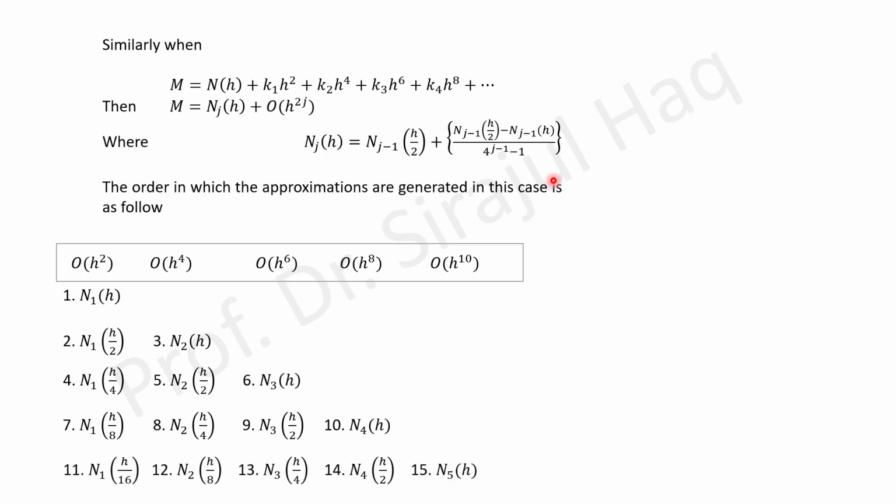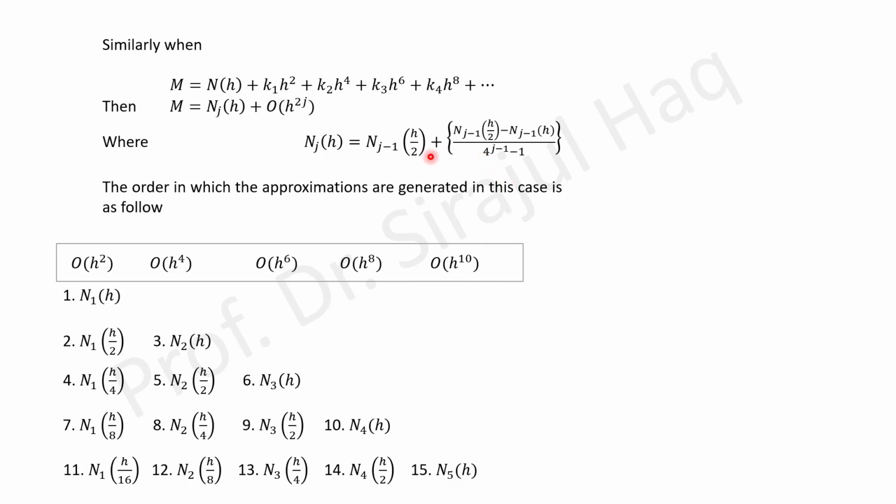So I'm not discussing this again. But remember n3 of h, when you are using this formula, your error is of order h raised to the power 6. n4 of h, your error is of order h raised to the power 8. And n5 gives you error of order h raised to the power 10.